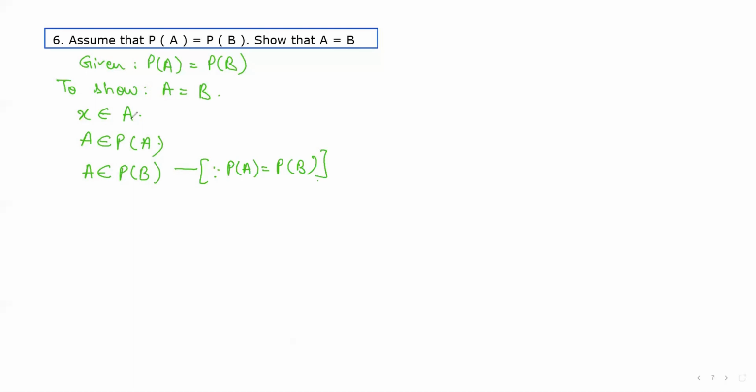X belongs to A. You started with X belongs to A. And now you're saying that A is present in the power set of B. X is an element in A and A is present in the power set of B. So you can say that X belongs to B.